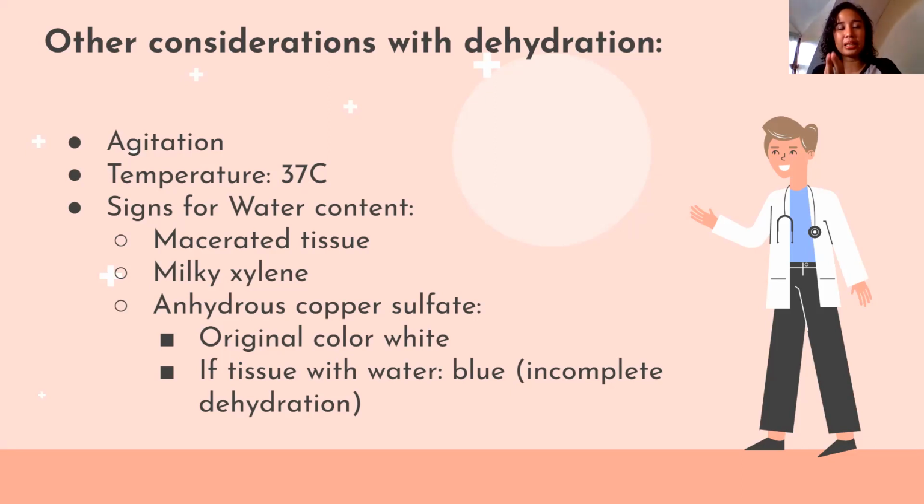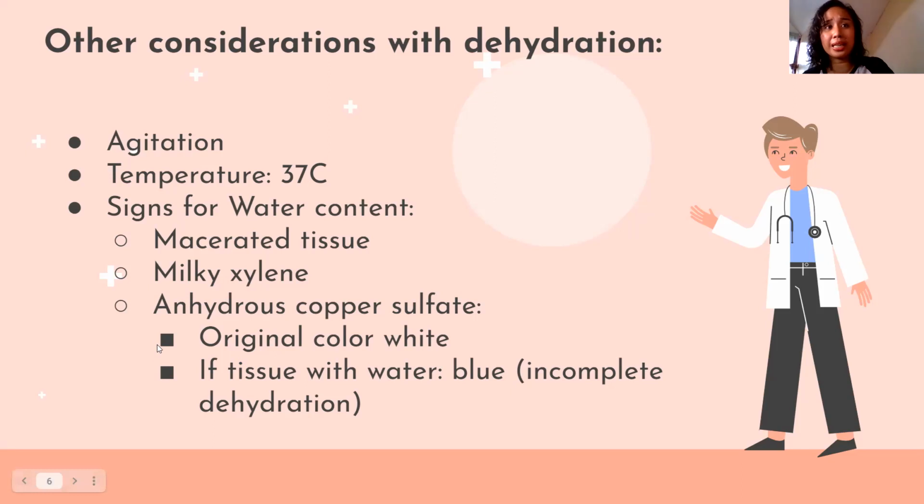Pag hindi na-dehydrate ng maayos, pag may tubig pa siya, it should be firm, it should not be soggy or soft. And guys, pag nilagay mo na sa clearing agent, which is commonly xylene, the xylene turns milky. Xylene is normally clear, so pag naging milky, your tissue still has water in it.